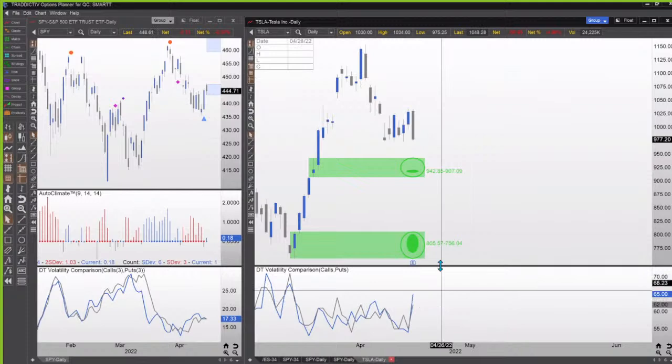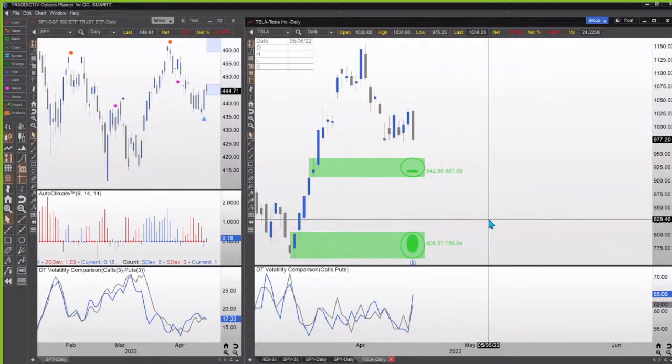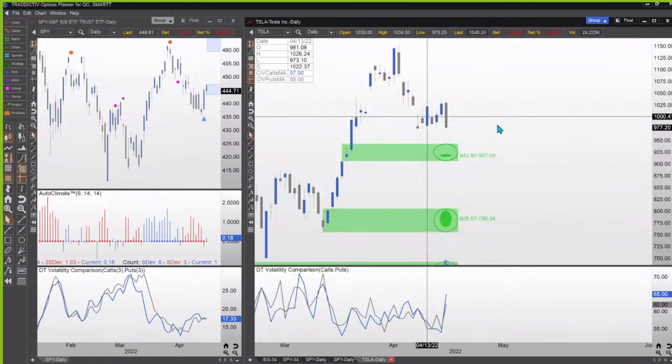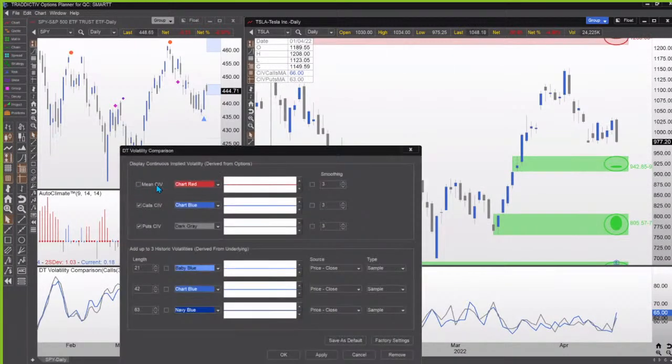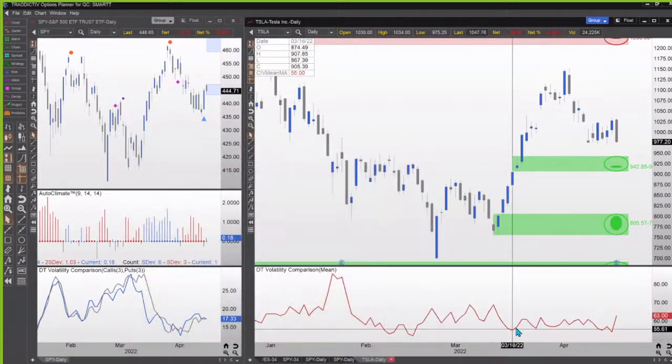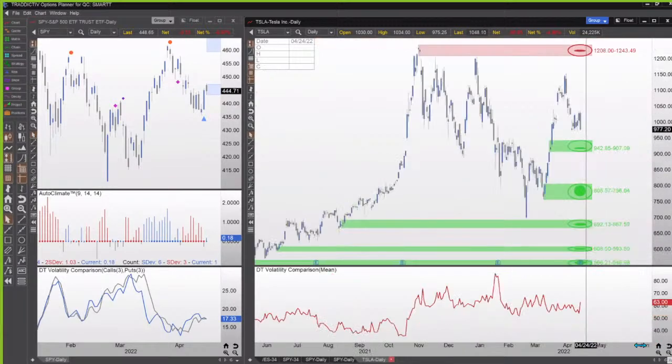It's very interesting to understand implied volatility, because as I said before, if you only look at the mean, which is the red line I had before, this doesn't tell you anything about direction. It simply tells you options are cheap or options are expensive, which is extremely relevant.